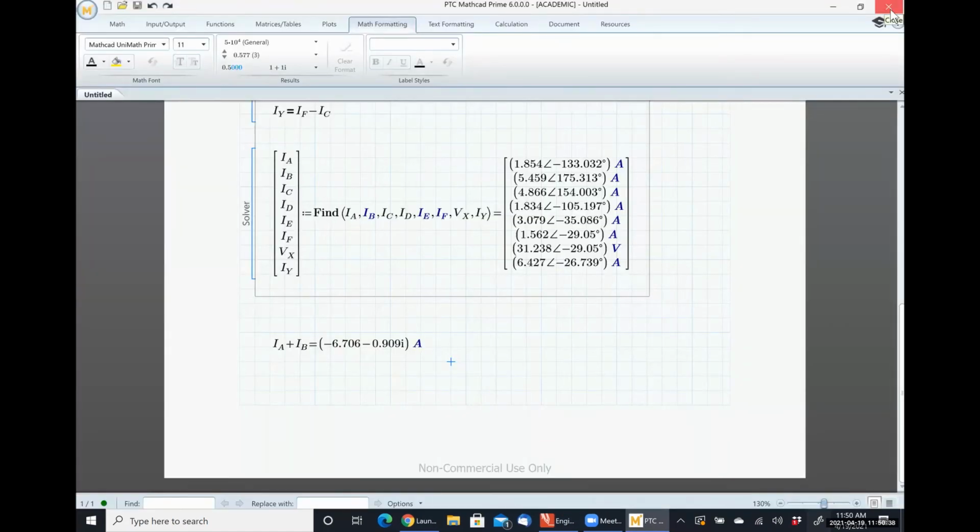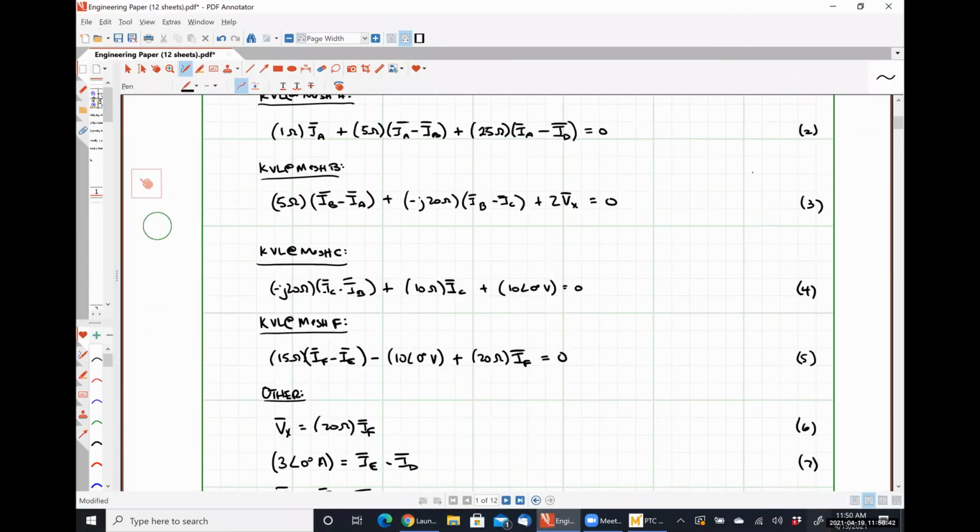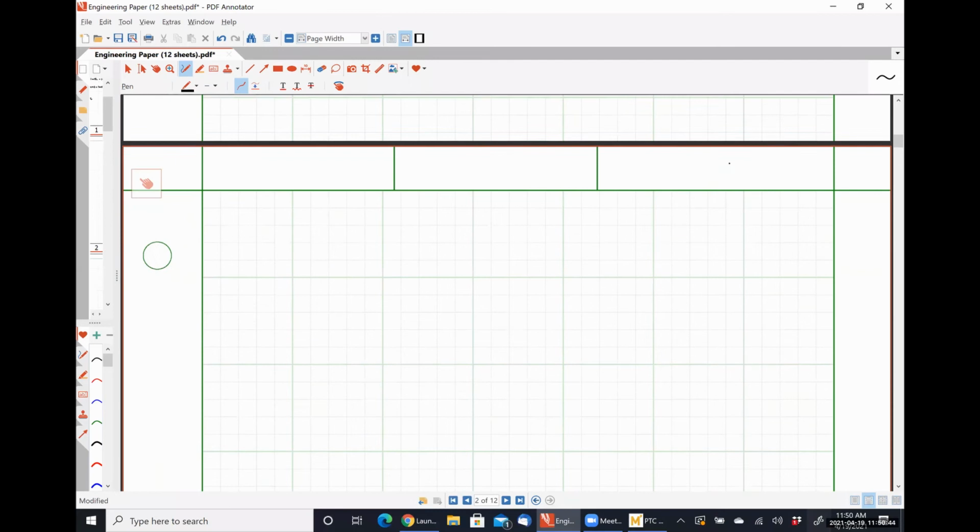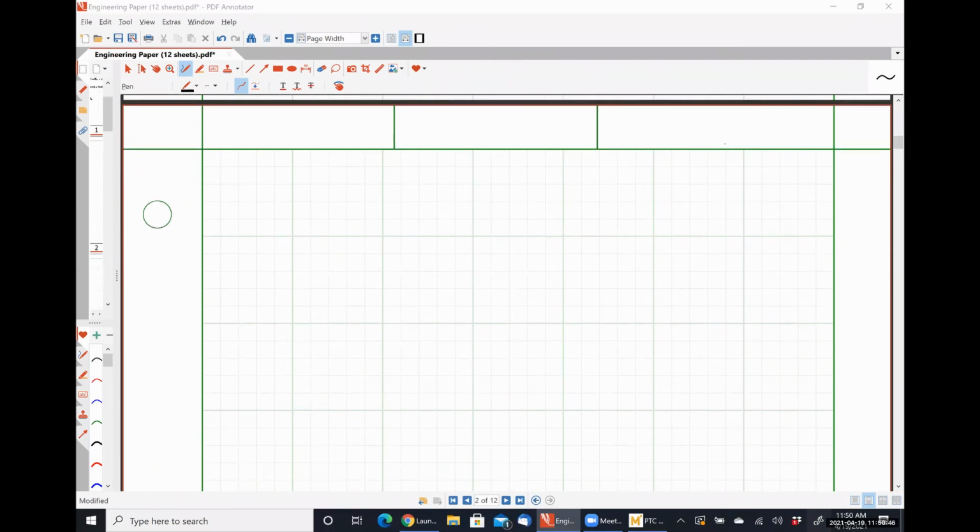We're done with that. So the last thing that I wanted to talk about today is multi-frequency circuit analysis. It can take 3 minutes or it can take 20 minutes, depending on what you guys want out of it. So let's say that I have the following circuit.